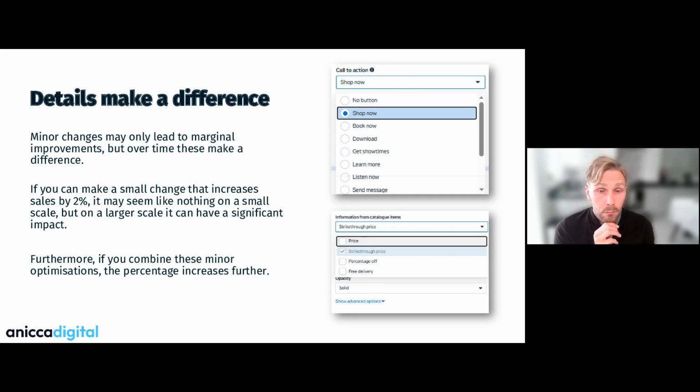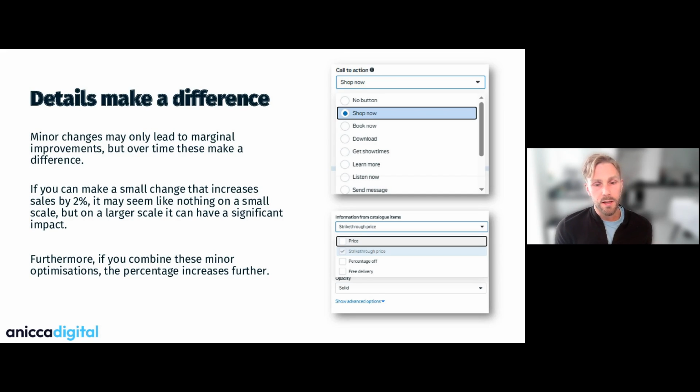Details on the optimization side do make a difference. If you make a minor change, it might be a marginal improvement there and then, but over time, that's going to make a difference. Say for example you make a tiny change that increases sales by 2%.